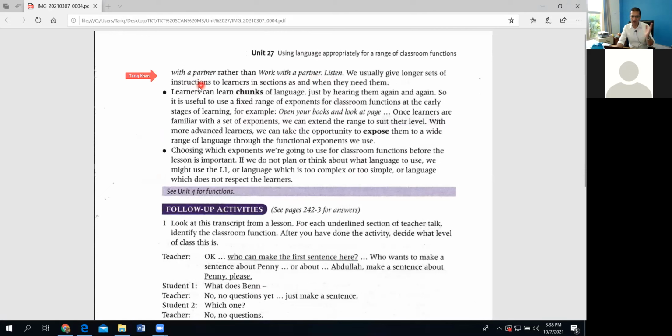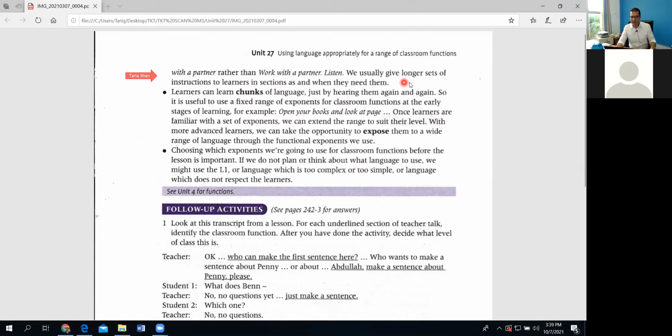Now you see, we say listen, work with a partner. So logically the words, the instructions, are following appropriately. But when we say work with a partner, listen, it's not appropriately said. So the order is not correct. That's what they are telling you.